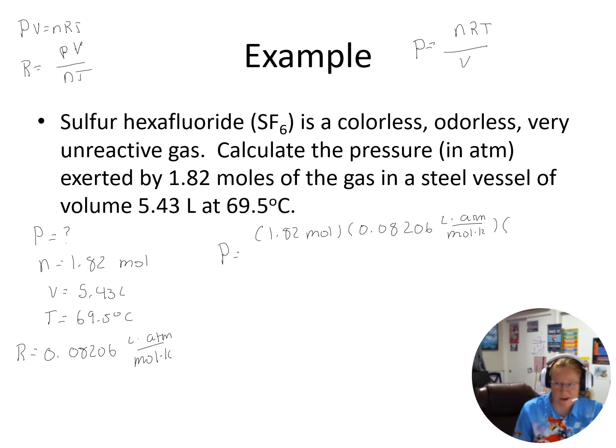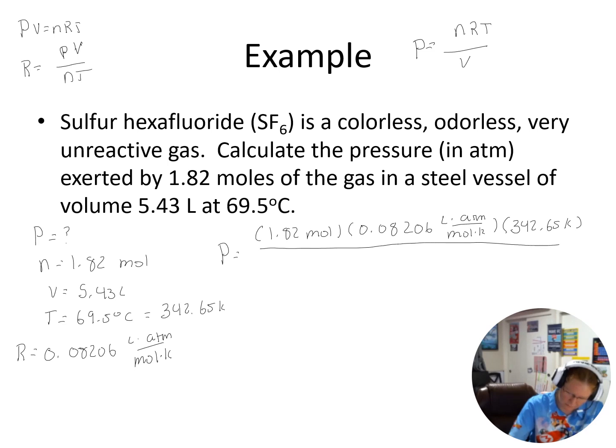What do we need to do with our temperature? So what units is this in for R? It's in Kelvin, remember. Temperature needs to be in Kelvin, so we convert this to Kelvin and we get 342.65 Kelvin. So 342.65 Kelvin all over our 5.43 liters.